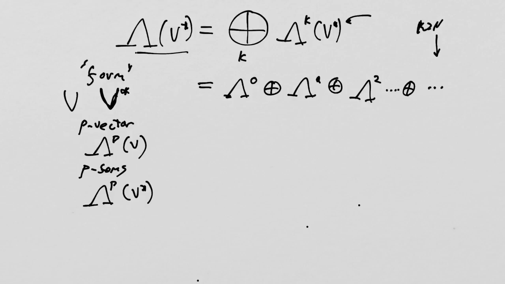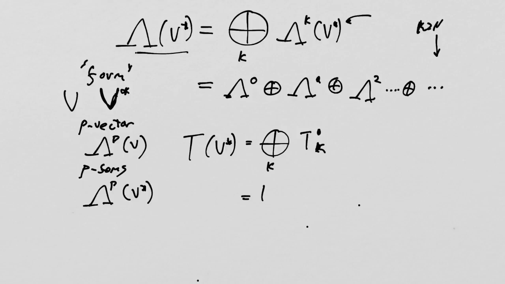So unlike the tensor product space, the tensor algebra on V star would have been the direct sum over k of T^0_k.